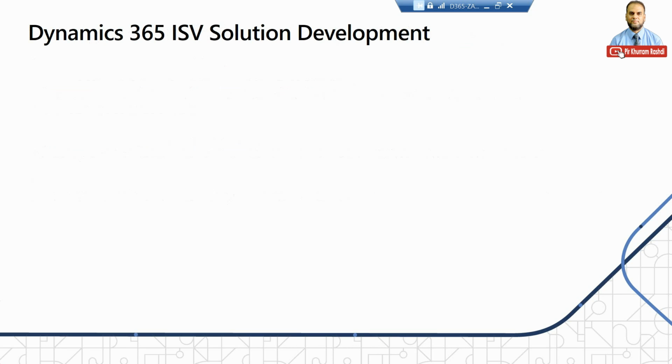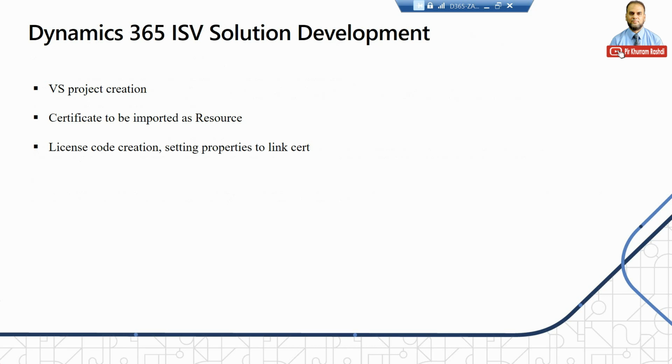Okay, so now the step is Dynamics 365 ISV solution development. So what is that stage? First of all, we will create a Visual Studio project. The first step is project creation, and in the project creation we need to import the certificate as a resource. Then we will create a license code.